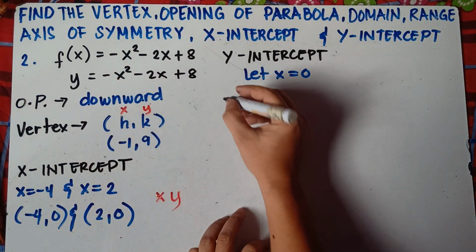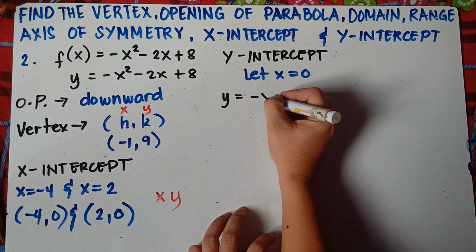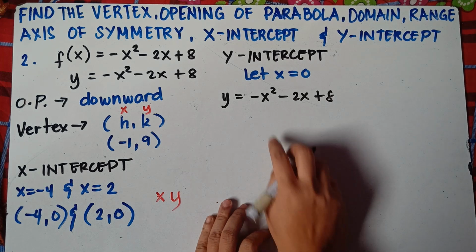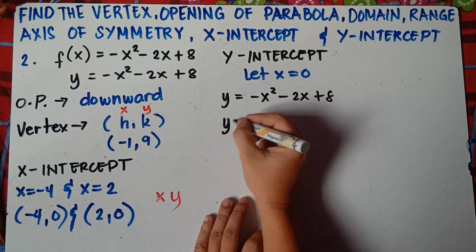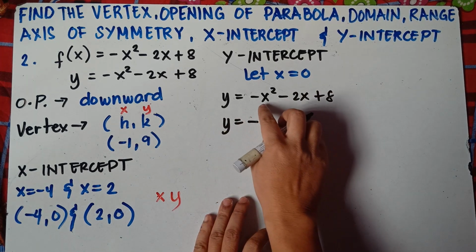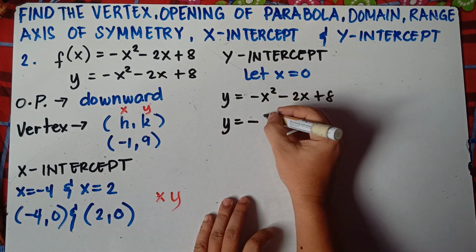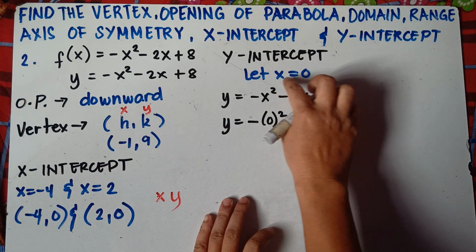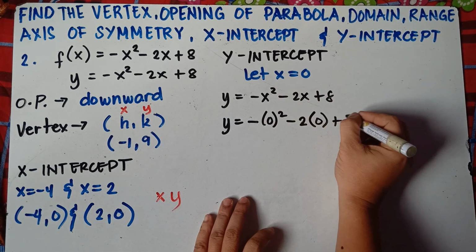So copy the equation, y equals negative x squared minus 2x plus 8. So you let x equal to 0, so this will be y equals, copy negative sign, and our x is 0. So this will be 0 squared minus 2 times 0, plus 8.